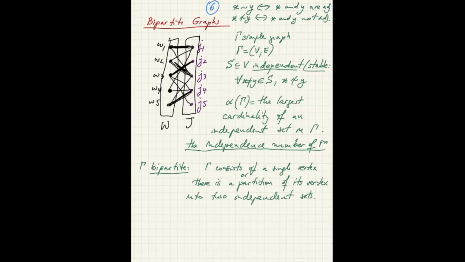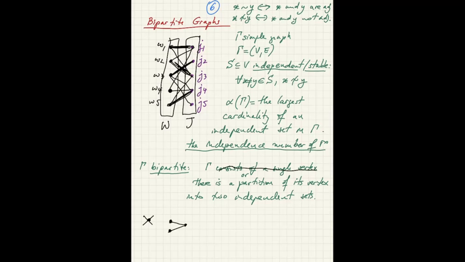Let's just scrap the single vertex case, don't worry about that. So we'll look for n greater or equal to 2, so we have at least 2 vertices. So we'll use this definition that the graph is bipartite if there's a partition of its vertex set into 2 independent sets. So we could have 2 vertices on one side and 1 on the other.